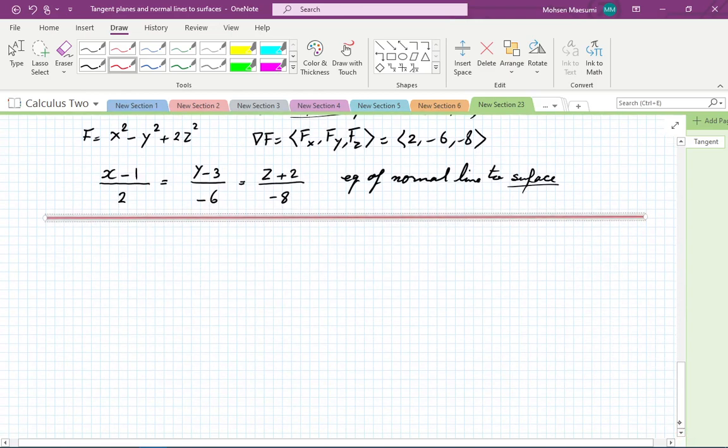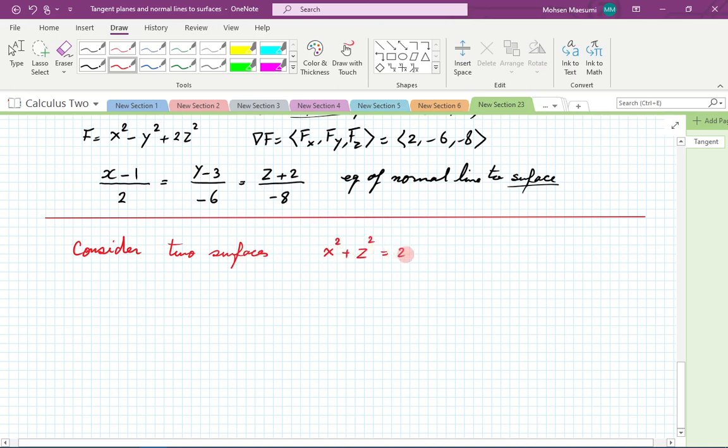So here's a question from your textbook. Consider two surfaces, one of them x squared plus z squared is equal to 25, and the other one is y squared plus z squared equal to 25.